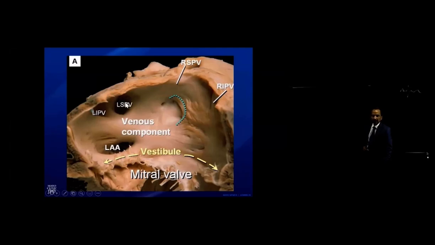Unlike the right atrium, the veins of the left atrium all have muscle. So the biggest difference is when we draw a line to a vein, it's just like half the isthmus is ablated. We have to create a boundary by going around the vein. That's why we have to pair atypical flutter ablation in the left atrium with pulmonary vein isolation.